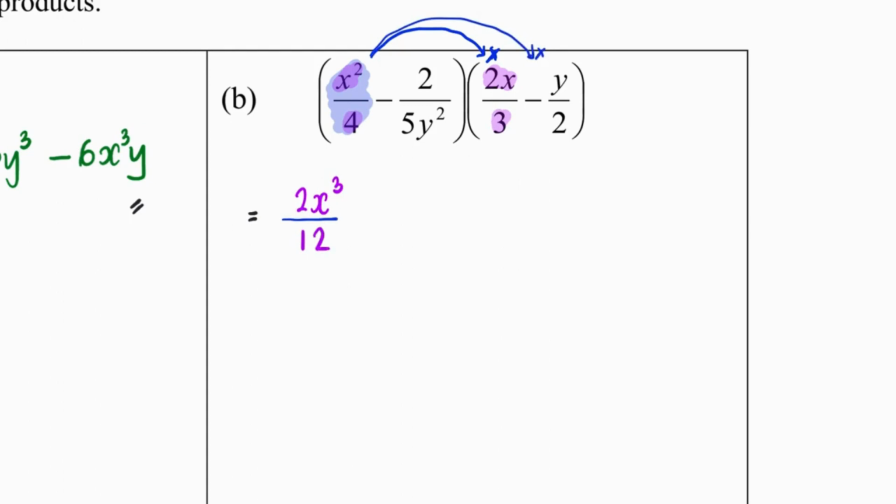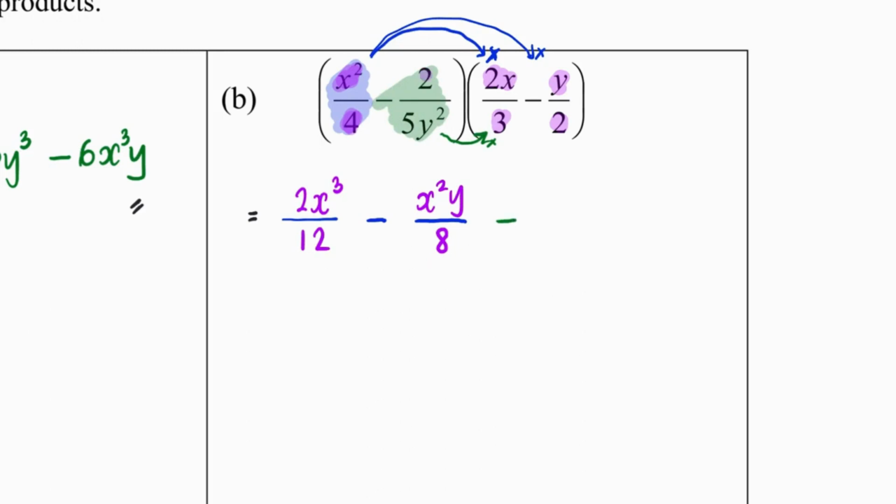Continue. And you will see that this will be x squared multiplied by negative, positive multiplied by negative. You will see me writing the fraction as negative. The numerator will be x squared y over 4 times 2 will be 8. Now is the other fraction that I'm going to multiply. So negative multiplied by positive, you will get a negative fraction.